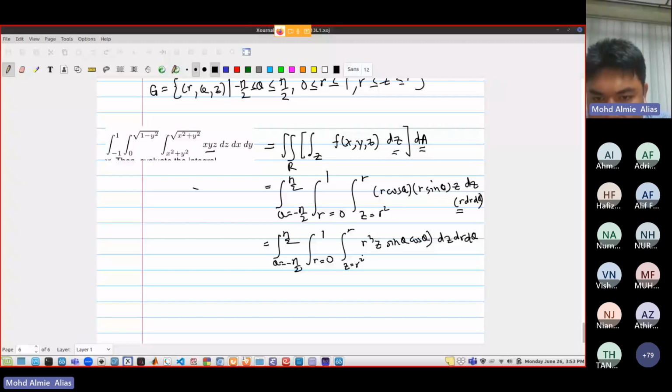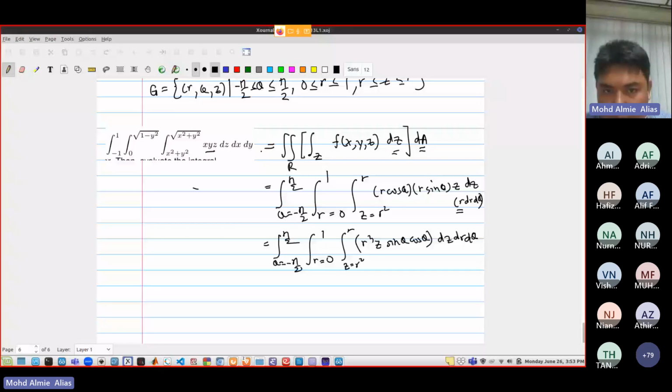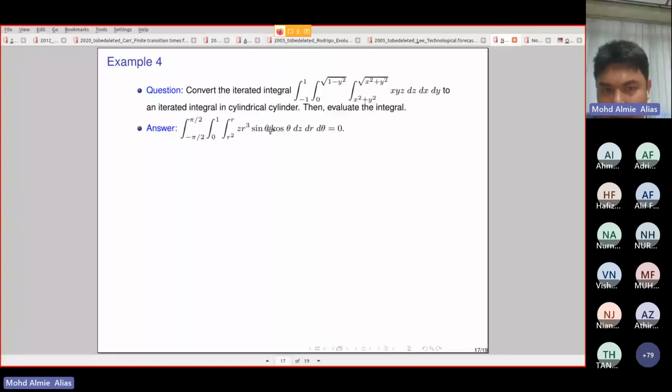Just make a bracket here. Hopefully it's correct. It matches the answer that I wrote here. Sorry, this is supposed to be a C, not a K, because in Bahasa Melayu, in the Malay language, it is K. I'll correct it after this.